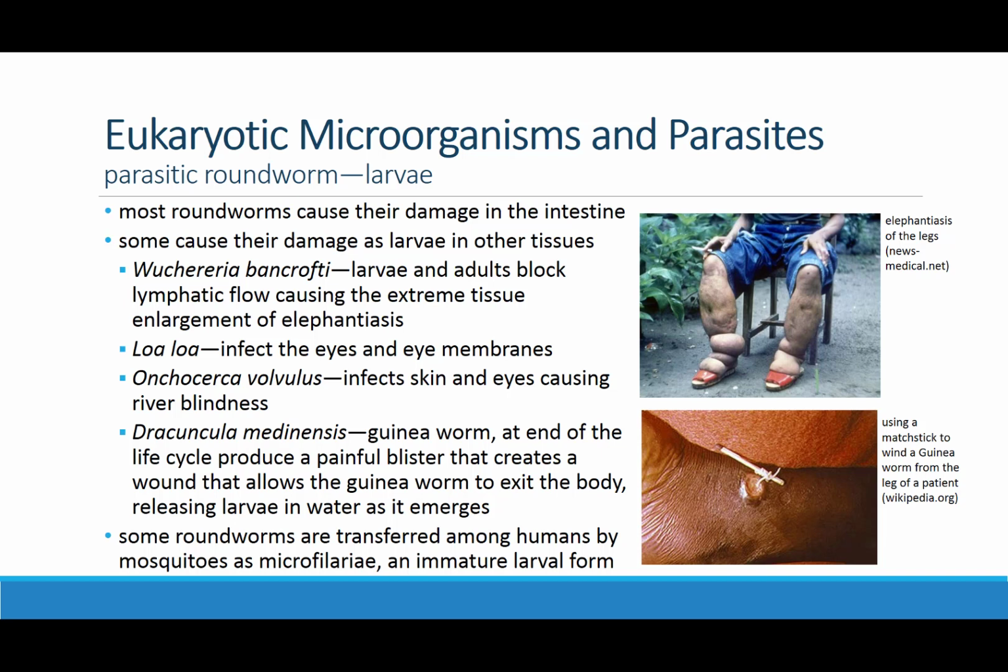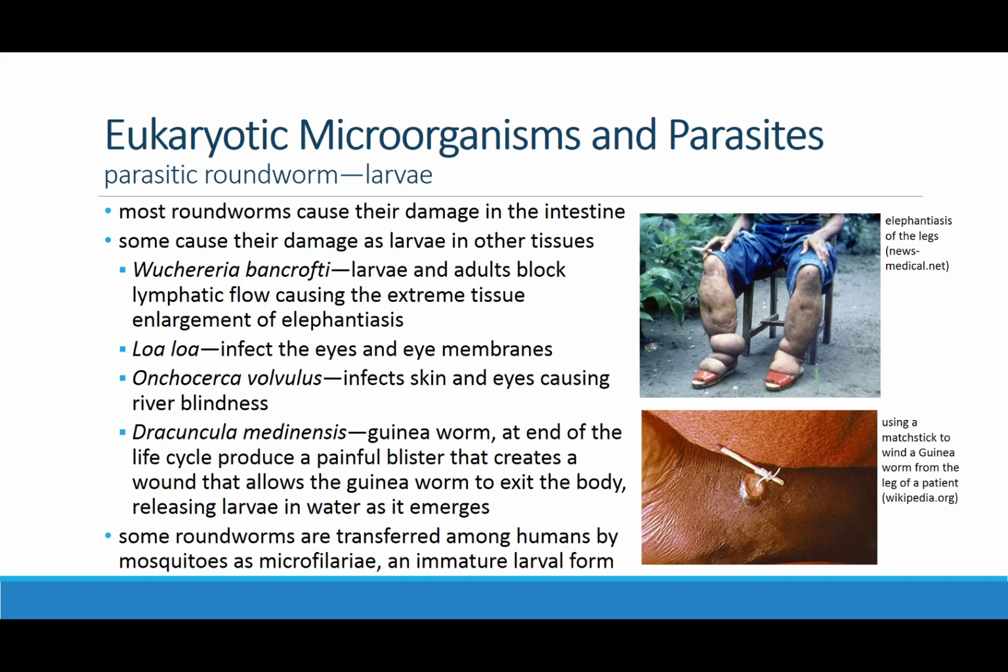And again, you can see a picture of a loa loa worm in the eye in the other slideshow. Onchocerca volvulus infects the skin and the eyes and causes a condition called river blindness. All of these, by the way, are tropical parasites, and so they live in warm areas.